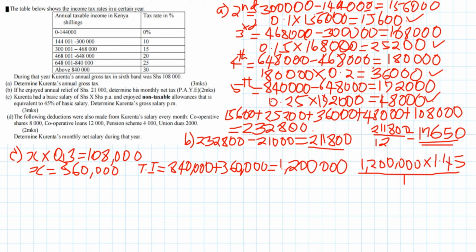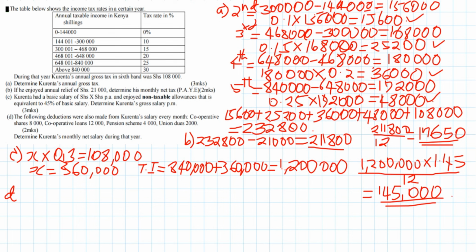So we divide that sum by 12. So 1,200,000 multiplied by 1.45, that is multiplied by 145%, and then we divide by 12. So that now we obtain this amount is going to amount to 145,000. Then from there now, this is the gross salary for Currenta in that particular month per month.